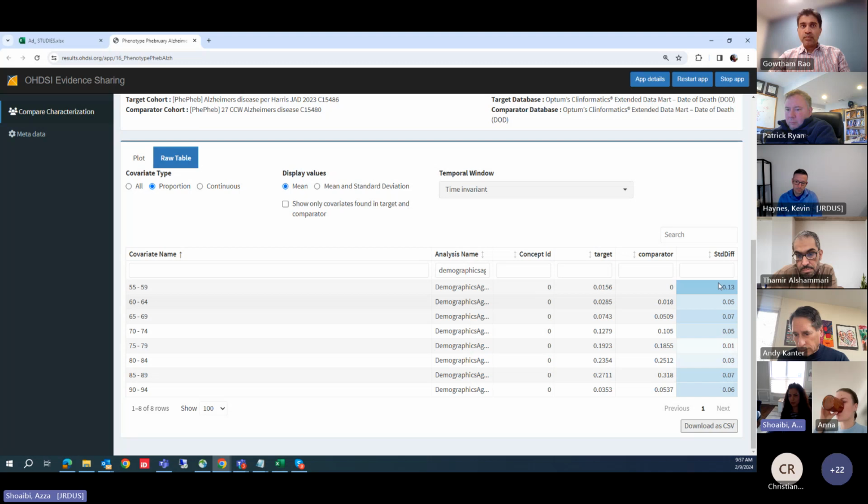And if you use standardized mean difference to quantify that, roughly you're under 0.1 other than that younger age group. But you have more people in the younger age group using Harris, which could be telling you that you are picking people with dementia that are not really Alzheimer's, because the main difference between any dementia and Alzheimer's is that people with Alzheimer's are the older population. So maybe you have some of that. But there is no big change.